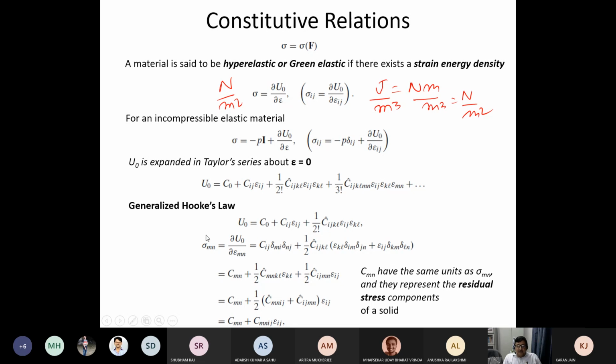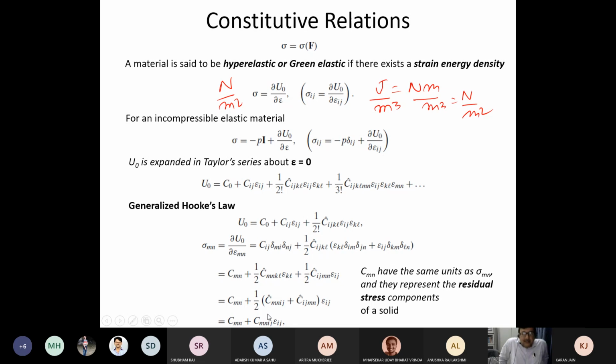Then what you do? You make a derivative, sigma mn is equal to del U0 by del epsilon mn, and then you get these terms. Now in that, if you do a little bit of rearrangement, finally you get Cmn plus Cmn ij epsilon ij.